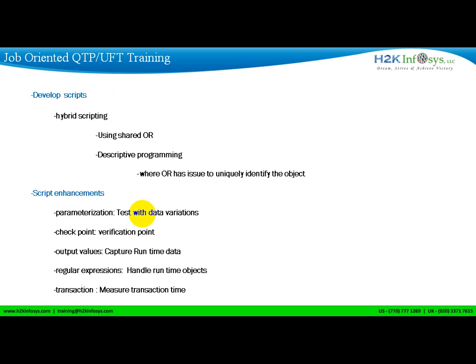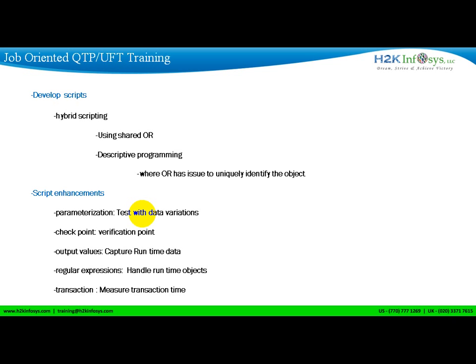And wherever you have object repository issues, if the objects stored in the object repository are not enough for you to recognize that object uniquely in the script, then we go with descriptive programming. That is where you use other properties to identify that object uniquely.